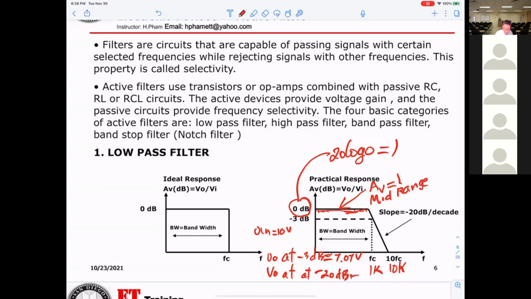Okay, now at minus 20, you get 10 volt times what number equivalent to minus 20 dB? 0.1. That gives you 1 volt, yeah. So 1 volt, correct?